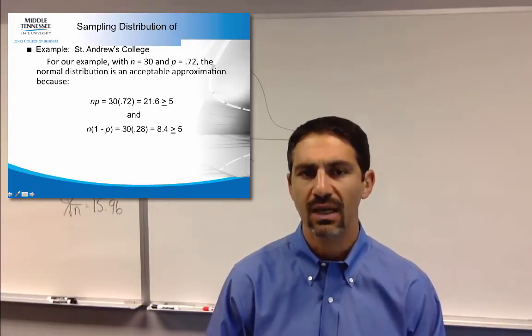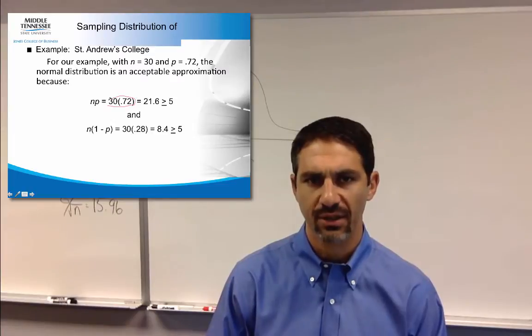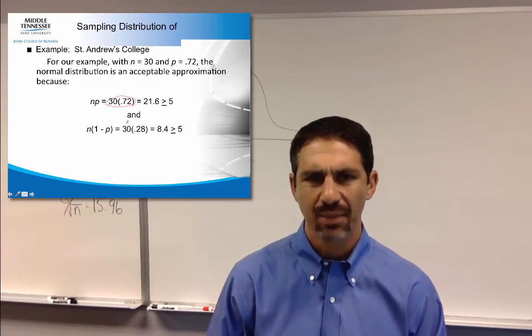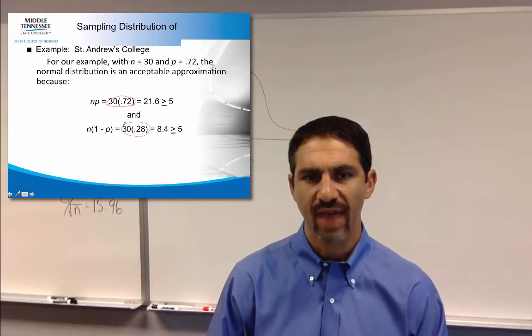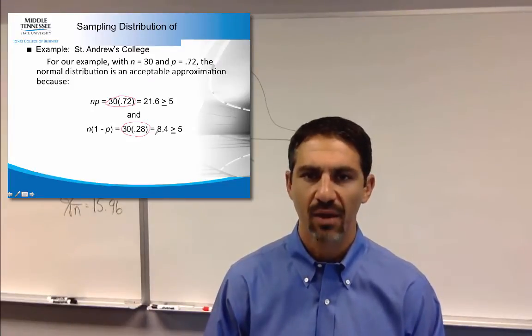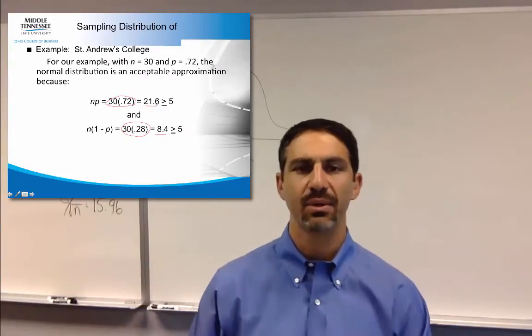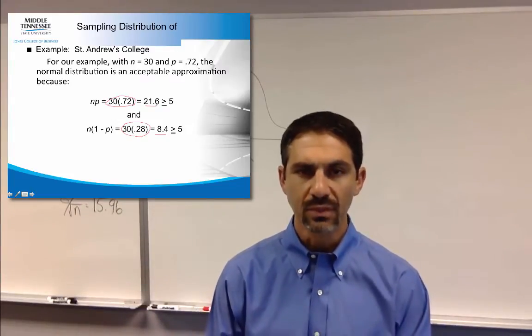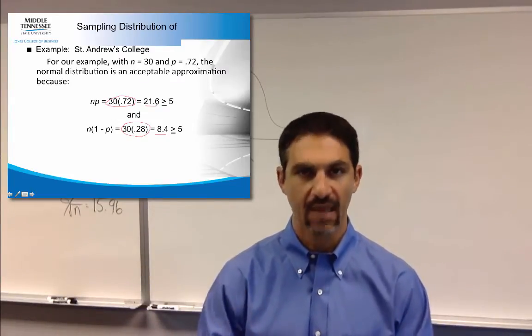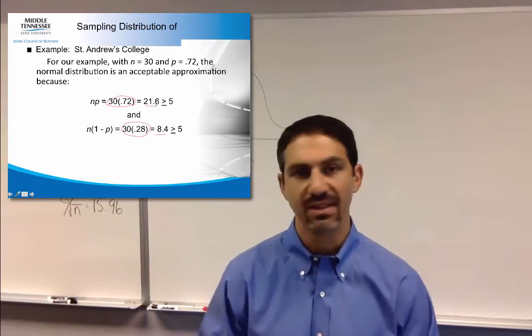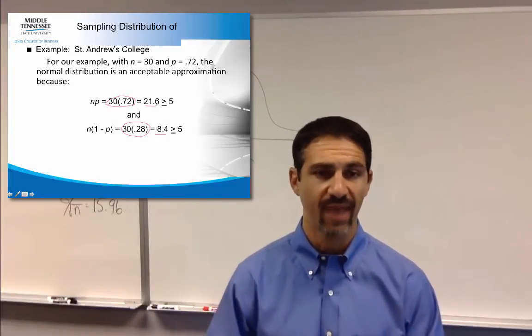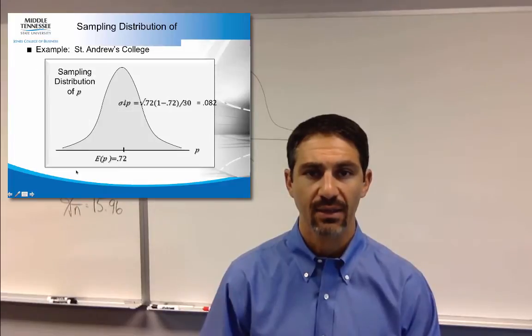Make sure you see this in the ebook and make sure you read further on this, but it's pretty easy stuff. If these two values, once you calculate them, are above 5, then it's feasible to use sample proportions and z-scores. If not, it's not feasible. But in this case, we do have that, so we can do this calculation.